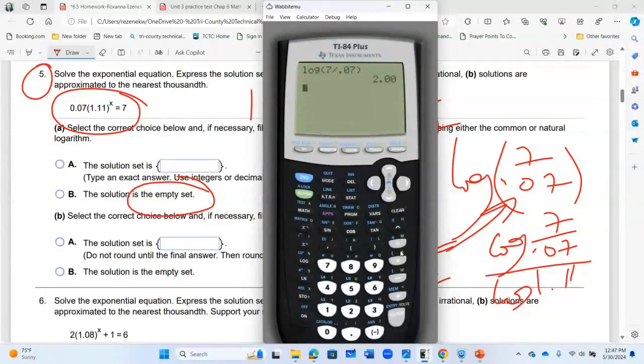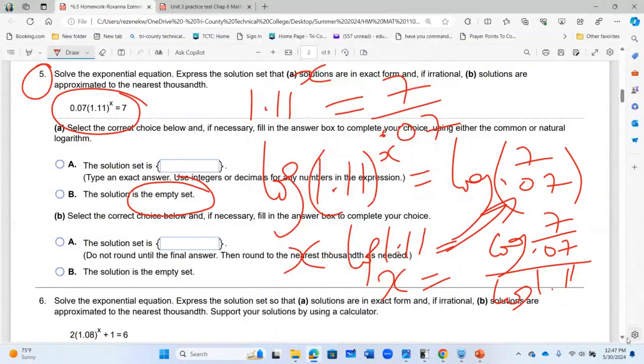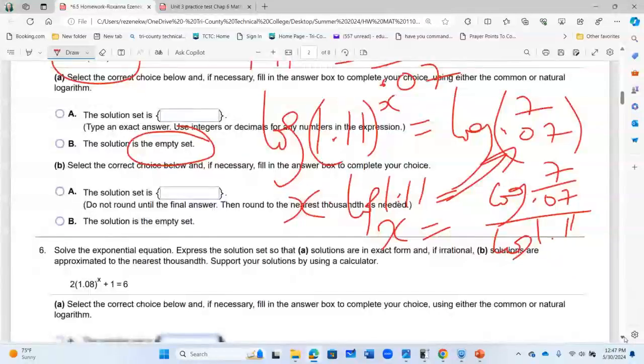Then I'll divide the answer by the denominator, which is log of 1.11. When I close parenthesis and hit enter, I have 44.13. This answer is not negative, so the answer is correct. It's not extraneous.